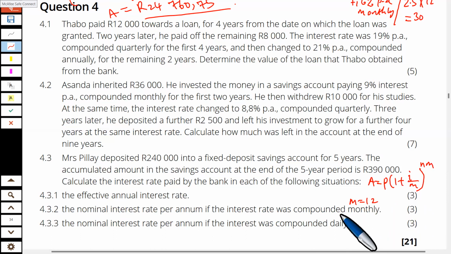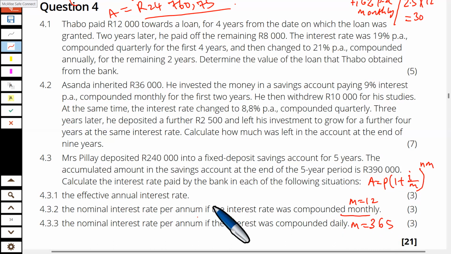So if they say compounded monthly, it means the m is 12. Why is it 12? Because there are 12 months in a year. We look at how many of the things are in a year. So daily, how many days are there in a year? 365. So we're going to use 365. And here monthly, we're going to use 12, because there are 12 months in a year.